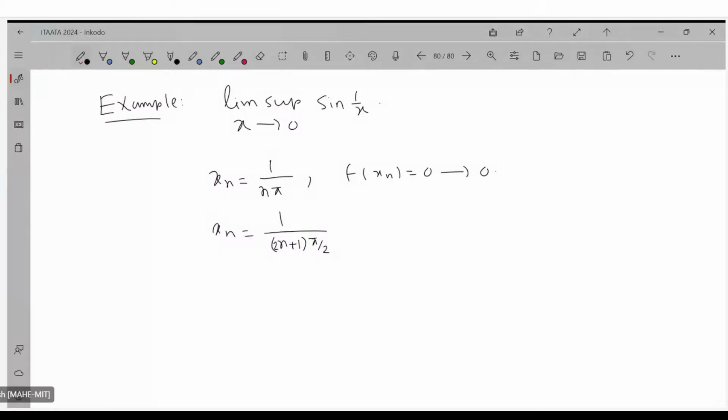If you consider all those values, like pi by 2, then again odd multiples of pi by 2, you will have the value 1, and then again you have the other odd multiples of pi by 2 that will give you minus 1. So you got it, for the sequence when this will be, yes, for 4 it will be written.